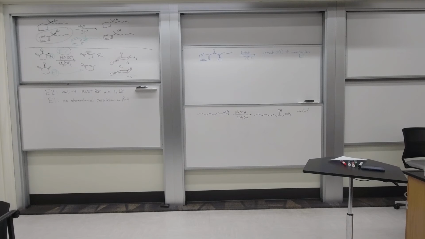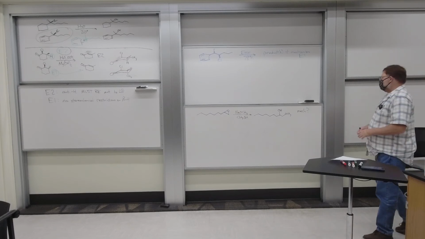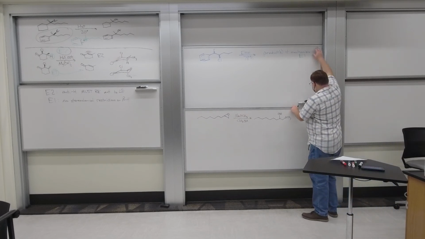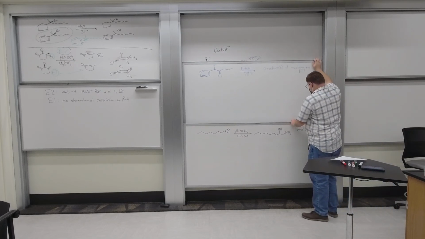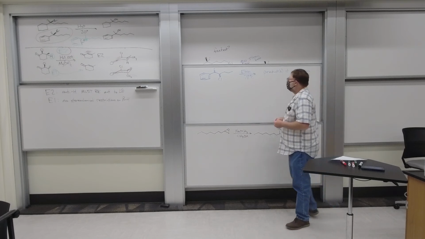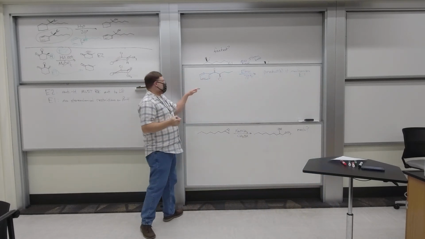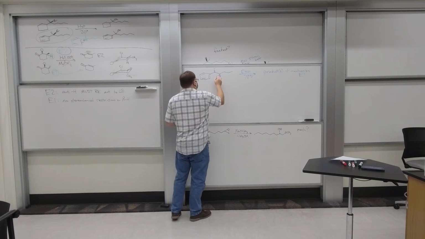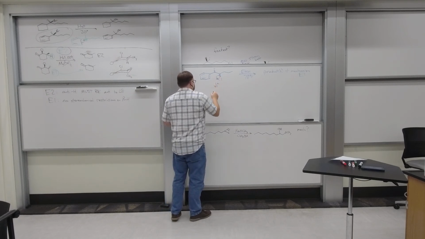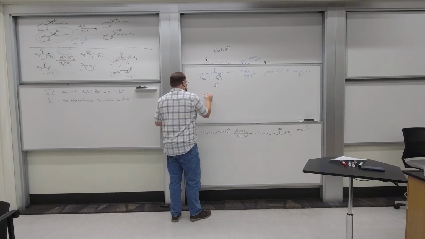All right, I'm going to take you through the mechanism on the E1. Again, it's E1, so the first step is the leaving group leaving. This looks a lot like the first molecule we did today.